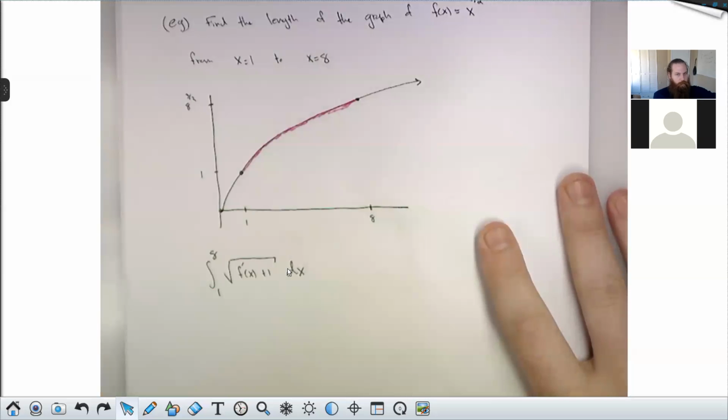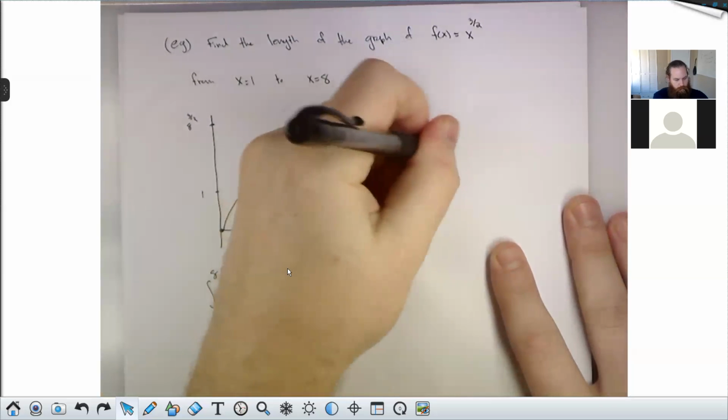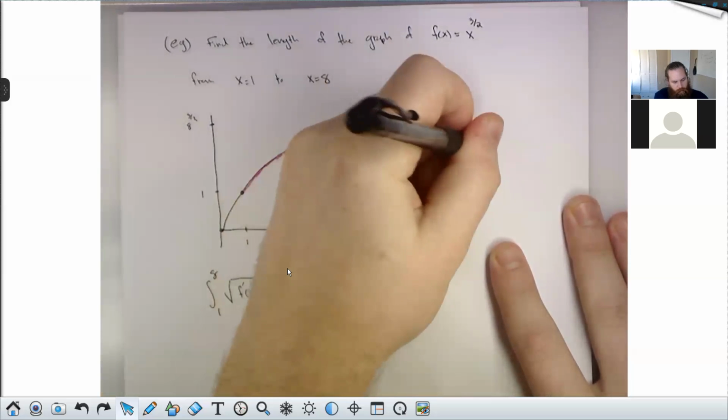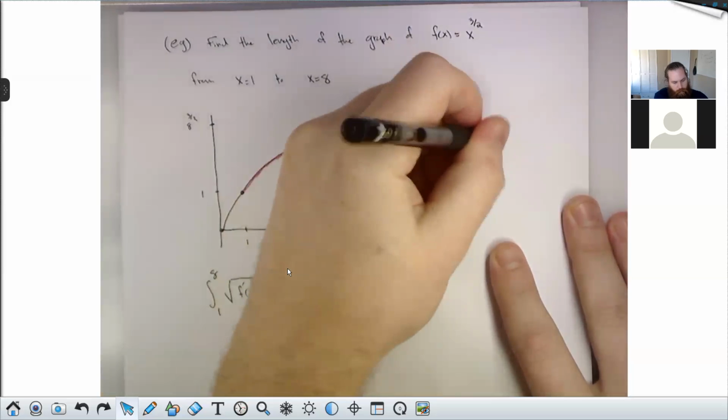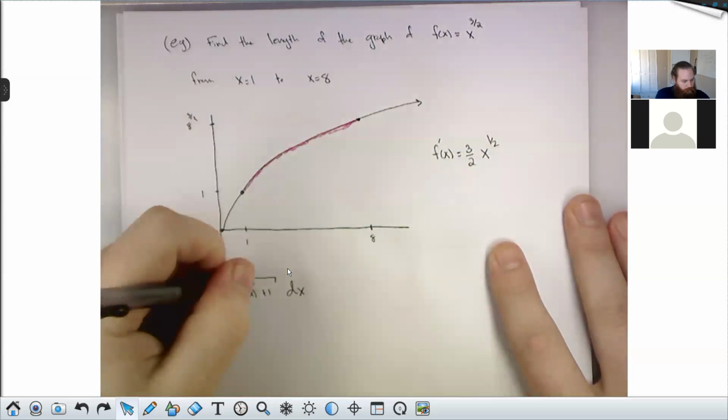So I need to calculate f prime. It's an easy derivative. That's 3/2 times x to the 3/2 minus 1, which is 1/2. Oh, sorry, f prime squared. I left off the square here.